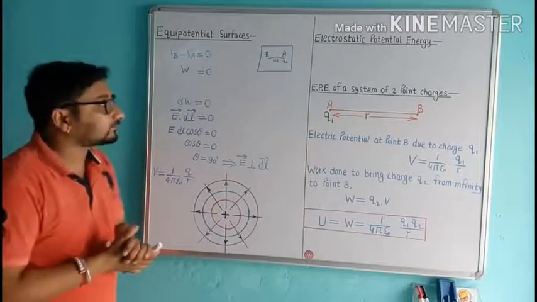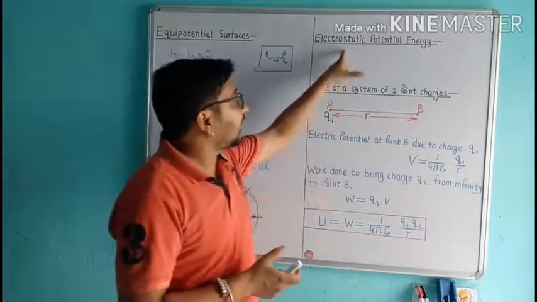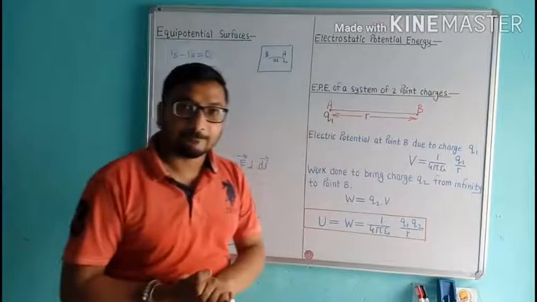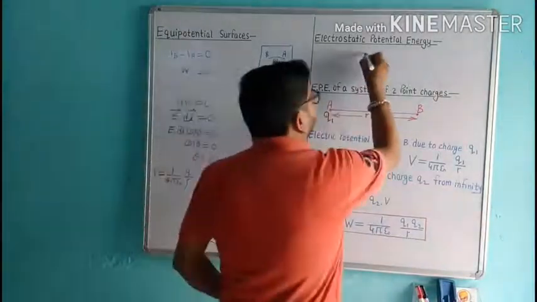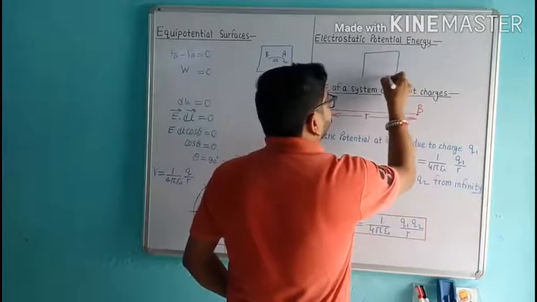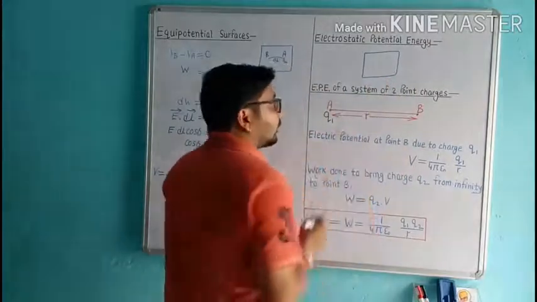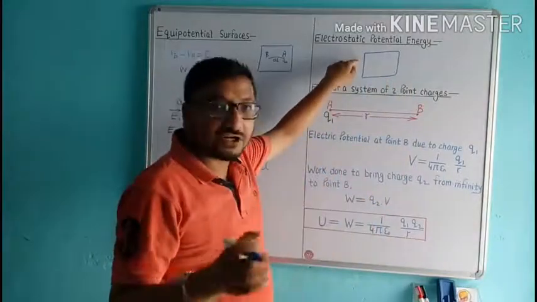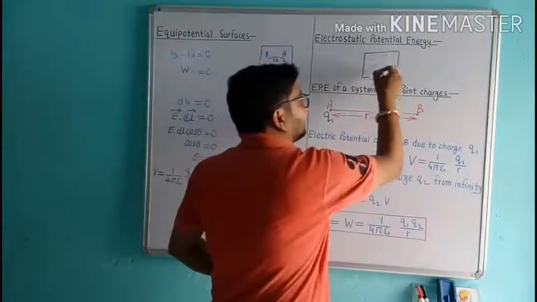Now next is electrostatic potential energy of a system of point charges.